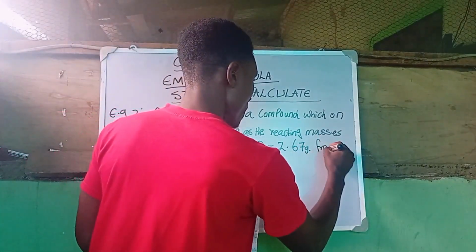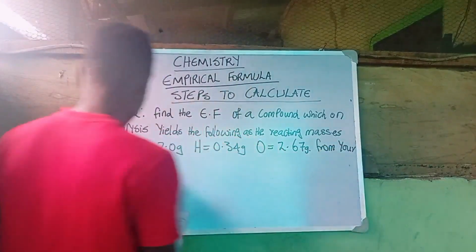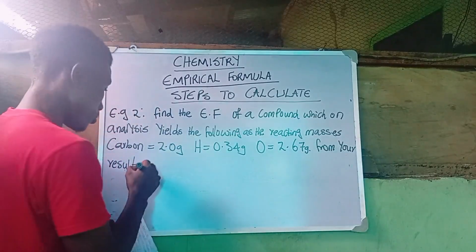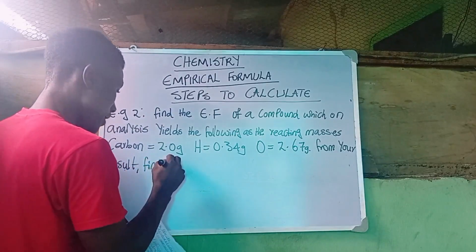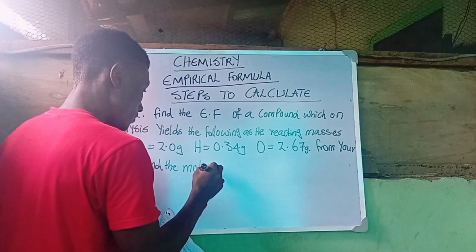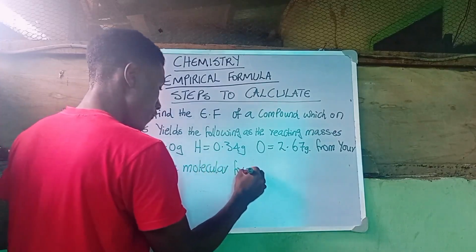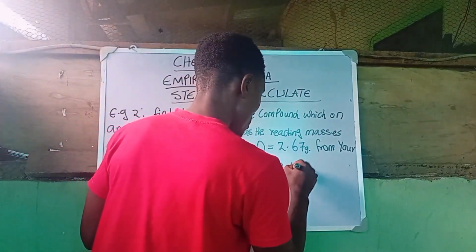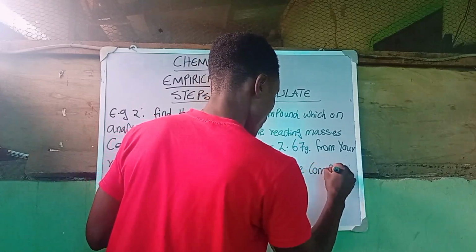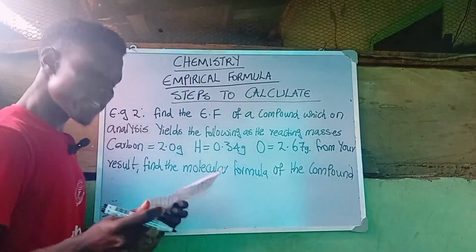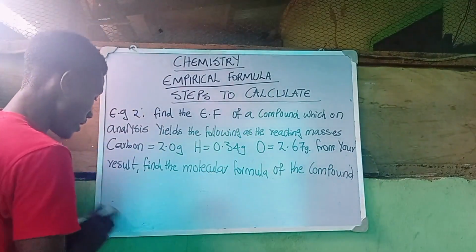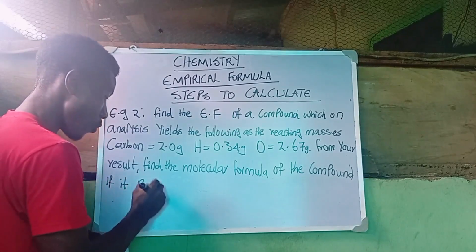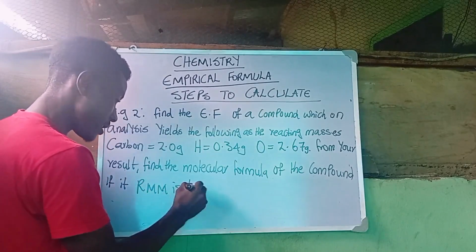From your result find the molecular formula of the compound if its relative molecular mass is 60.